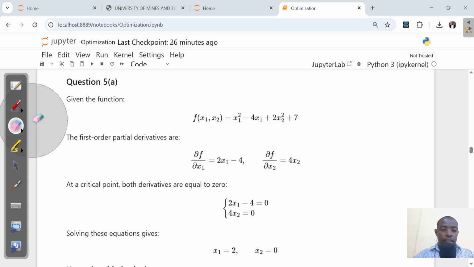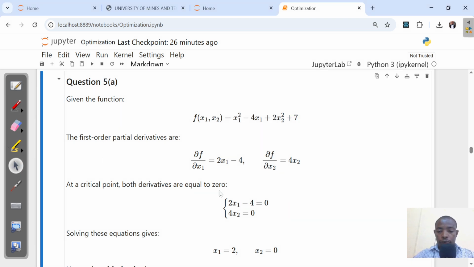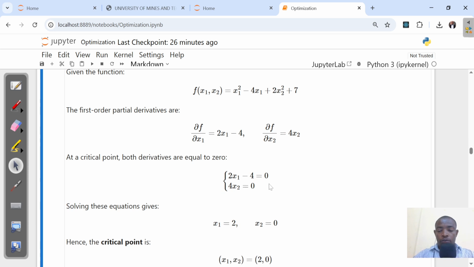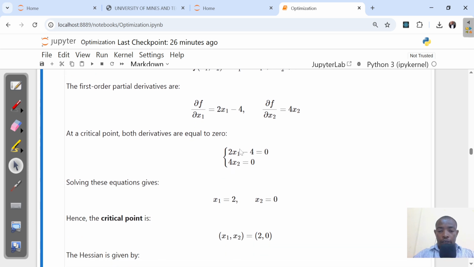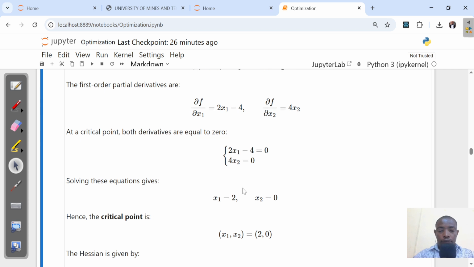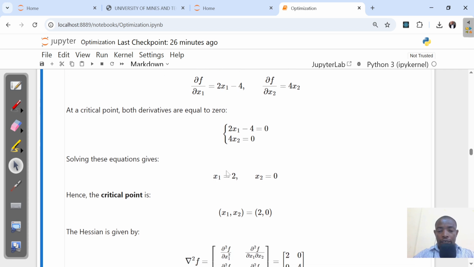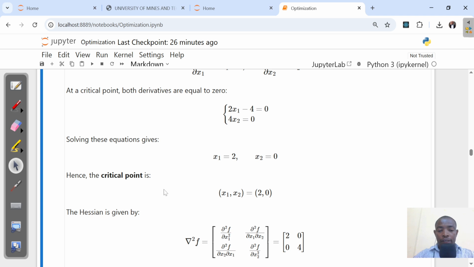Then we equate it to 0, and we finally get that x1 is equal to 2 and x2 is equal to 0. That tells us the critical point after the first differentiation.